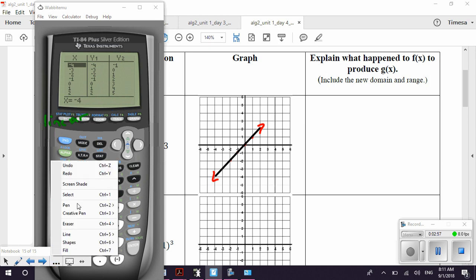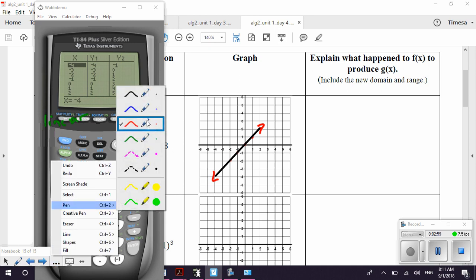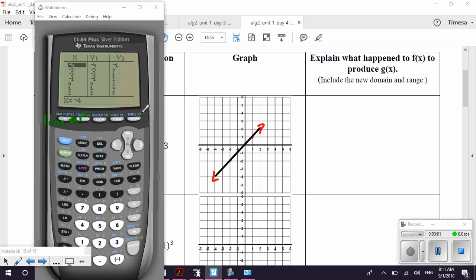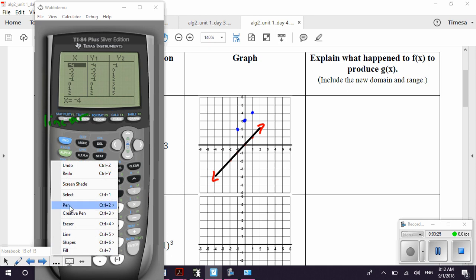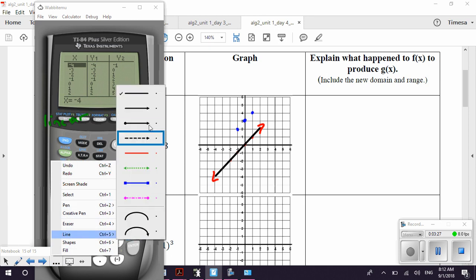Now let's look at baby's. When x is 0, baby is at 3. At 1, baby's at 4. At negative 1, baby's at 2. So now we can put a line through her.